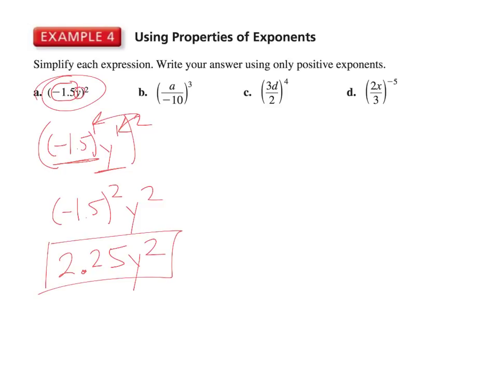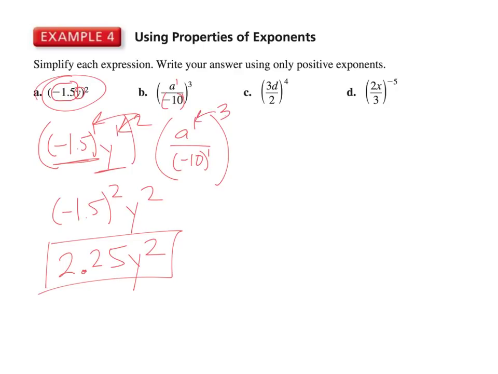All right, for part B now, these are both to the first power, these quantities. So let me rewrite this out so it's absolutely clear what's going on here. So I have a quotient to a power. I'm applying the power property of a quotient.